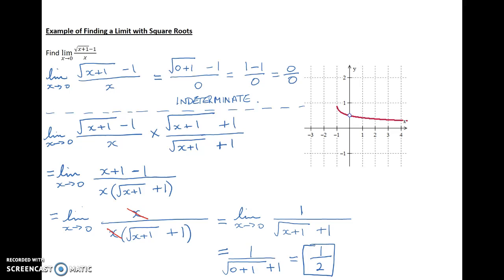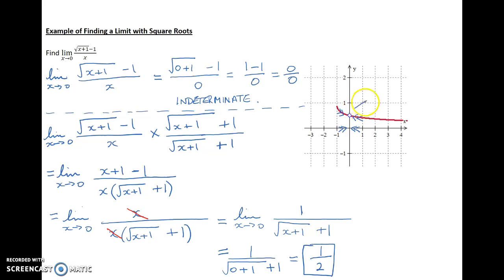And again, check it out graphically. Our x is getting closer and closer to 0. So if we move closer and closer to 0 on the x, what's happening to the height of the graph? Well, you can see here that the height of the graph is getting closer and closer to 1/2.